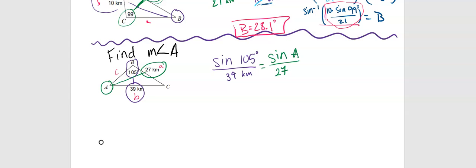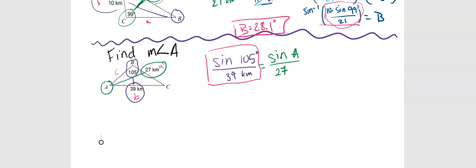Now I'm going to do the long way on this one so you can see what I mean by you're going to need to use the entire decimal. So this is a second example, but I'm going to do things just a tiny bit differently. First things first, I'm going to box the part that I'm going to calculate right away. So sine of 105 divided by 39.